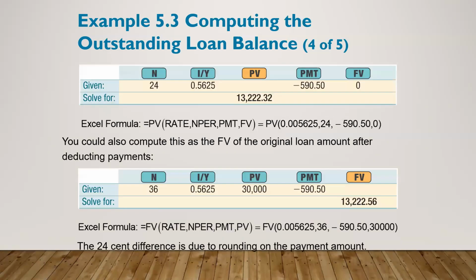And on the next slide, you'll see how you can actually use the financial calculator to arrive at that answer, or use the Excel formula to also arrive at that same amount.